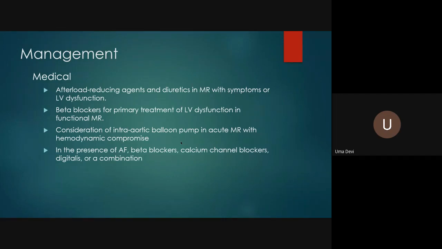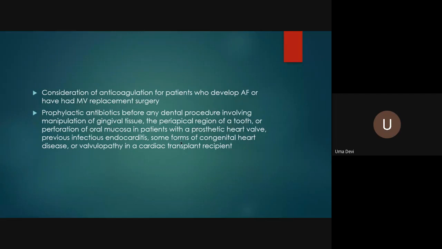That is where your beta blocker, calcium channel blocker, digoxin, or a combination can be given. In a patient with atrial fibrillation, you have to go for anticoagulation. Infective endocarditis prophylaxis for mitral regurgitation is more important, but it follows the usual protocol for infective endocarditis.